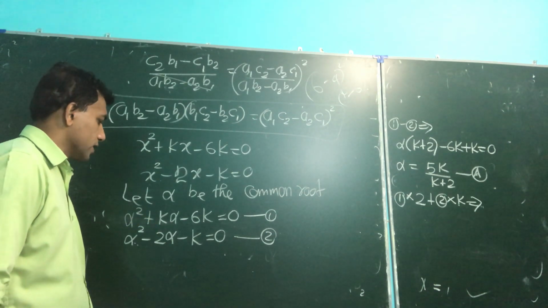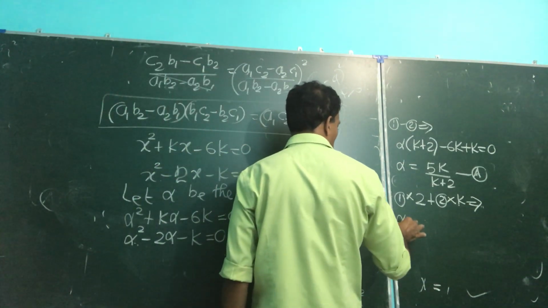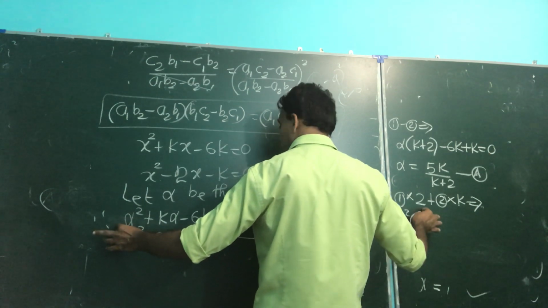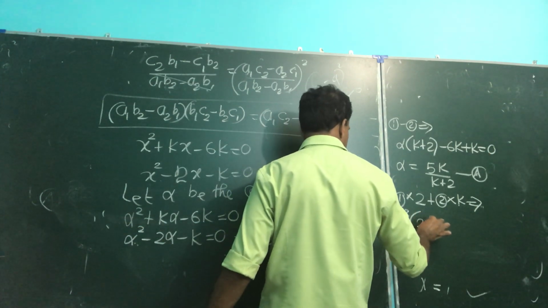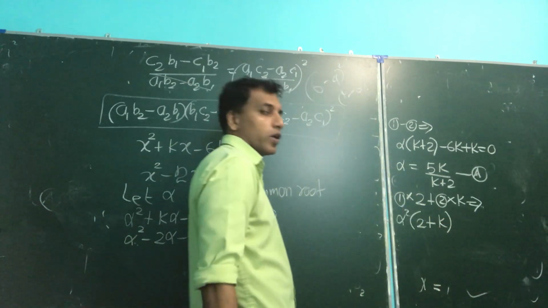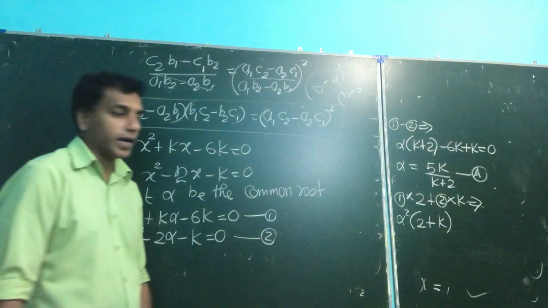Okay, so that alpha cancels and take the alpha square common. First equation multiply 2, therefore 2, plus second by k. 2 alpha square plus k alpha square. Then take the alpha square out.